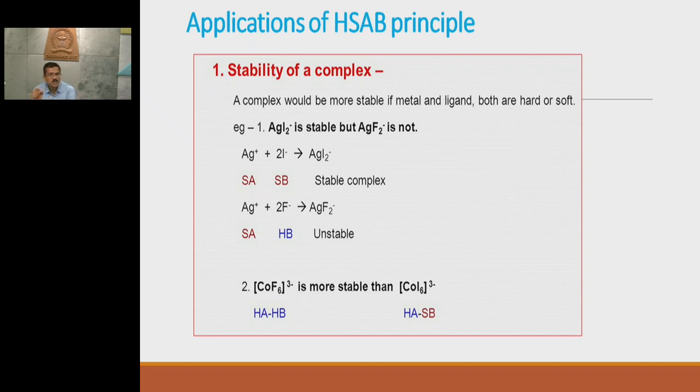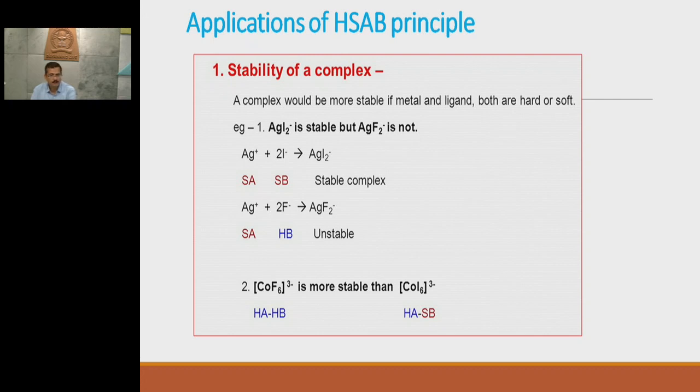If we see AgI2, when it is ionized, it forms Ag plus and 2 I minus. Ag plus is a soft acid and iodine is a soft base. So there is a soft acid and soft base interaction, which leads to more stability of the complex.